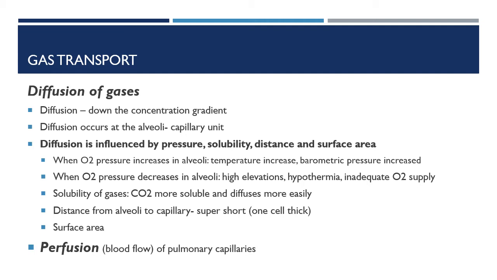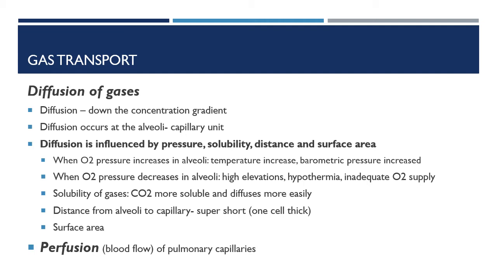CO2 diffusing from the capillary to the alveoli is because there's more CO2 concentration in the capillaries. Okay? And so diffusion is occurring at the alveolar capillary membrane, right? It's a very thin membrane between the alveoli and the capillary, and that's where it's happening.